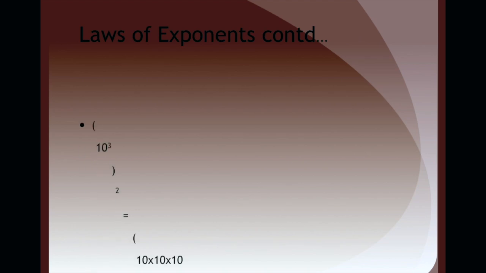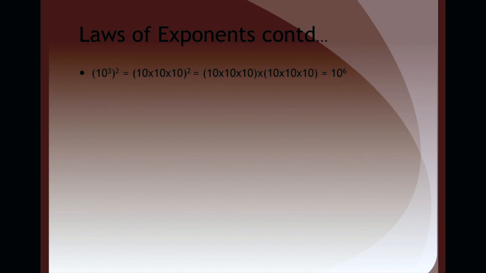Okay, let us understand about a few more laws of exponents. Again start with an example to understand it better. Suppose somebody asked us to write 10 raised to power 3 and then the whole raised to power 2. So basically first we are doing 10 raised to power 3 and then again doing the whole number raised to power 2.